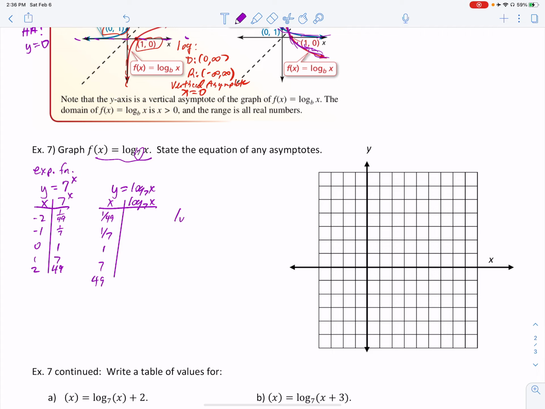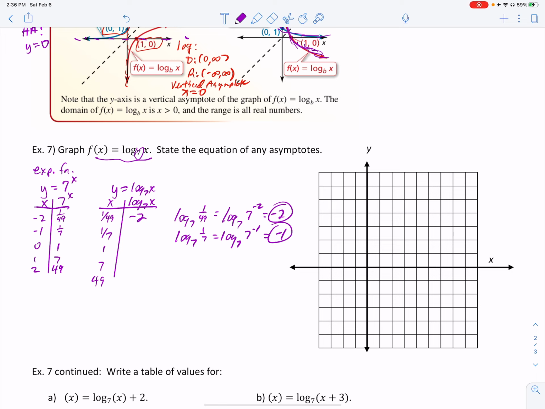And really, I've got log base 7 of 1 over 49 equals what? Well, that's log base 7 of 7 to the -2nd. So the output of that is -2. And then I have log base 7 of 1/7, which I can write as log base 7 of 7 to the -1.